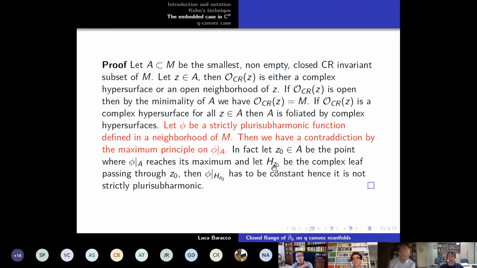There is a complex leaf of dimension p-1 passing through z naught, and if we take the restriction of phi to H_z0, we have a contradiction, because we have a point of maximum, and phi is strictly plurisubharmonic, and it cannot be.